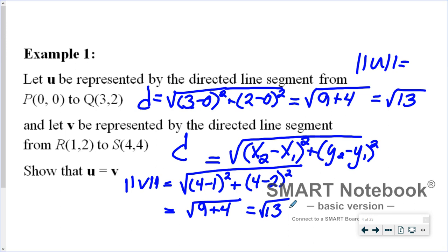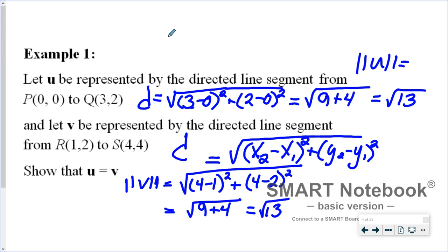Now a little bit later we'll talk about how to actually find the direction angle of the vector, like actually given in degrees. But we don't know that yet. So for right now, to show that they're going in the same direction, we're just going to go ahead and use slope.